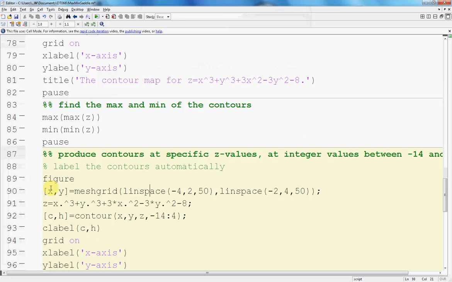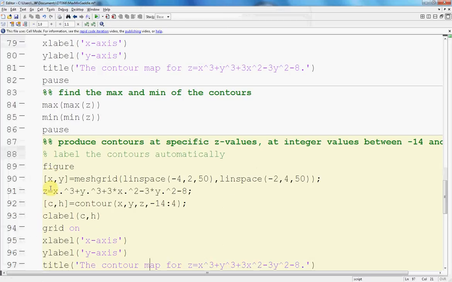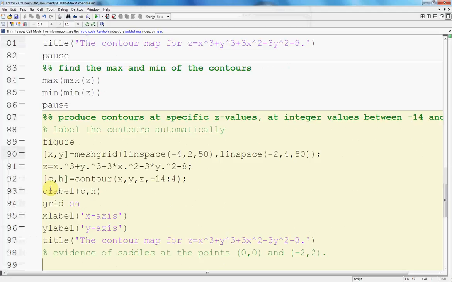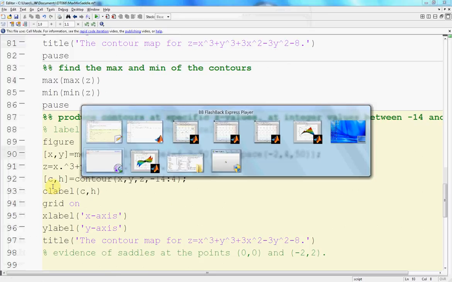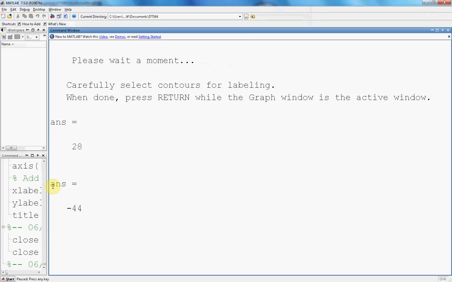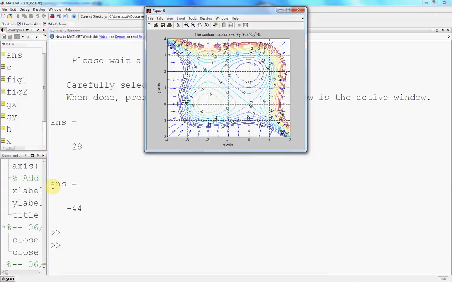At line 86 we're on a pause, and on line 87, etc., we're going to get the contours automatically between -14 and -4. I'm not going to show 87, so just go out to the command prompt. Sorry, I've gone too quick.